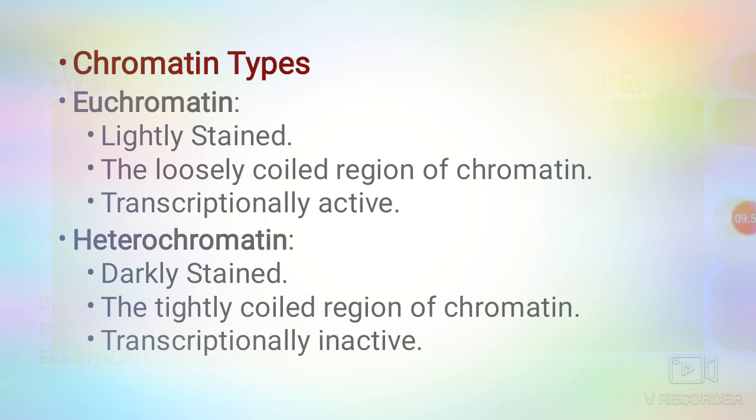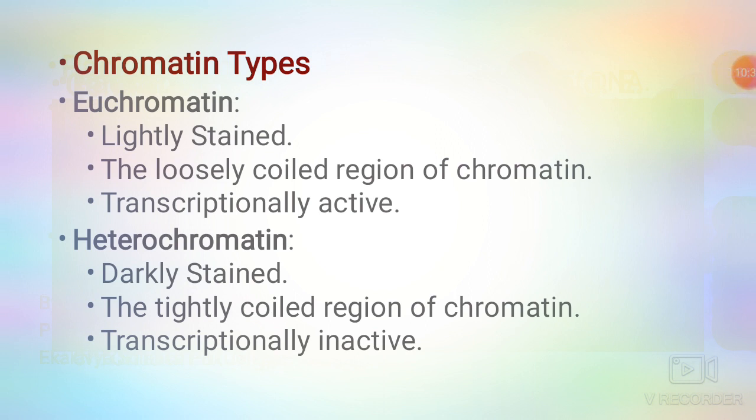An important question: the difference between euchromatin and heterochromatin. Euchromatin is lightly stained, a loosely coiled region of chromatin, and transcriptionally very active. Heterochromatin is darkly stained compared to euchromatin and is a tightly coiled region of chromatin.